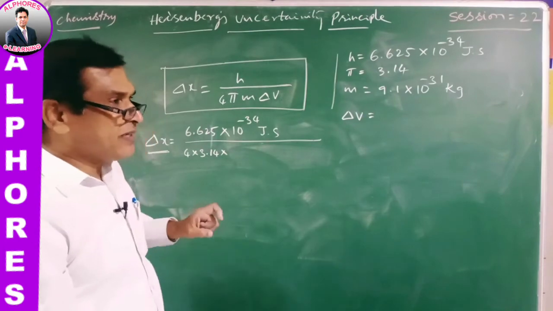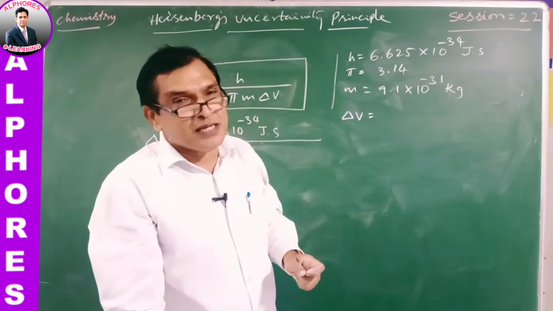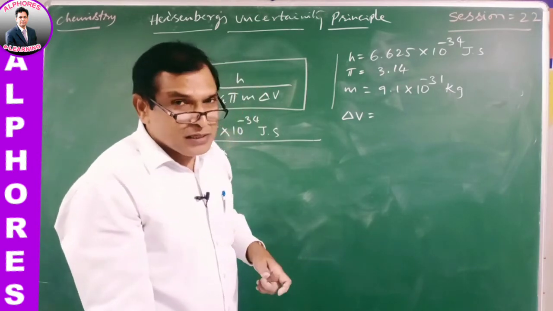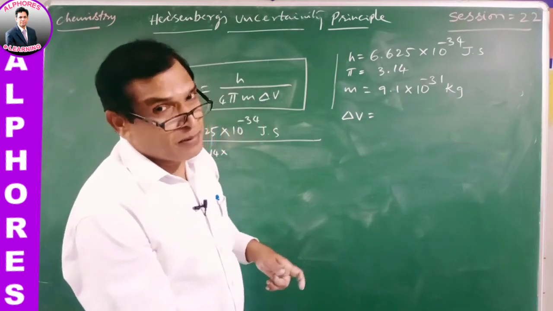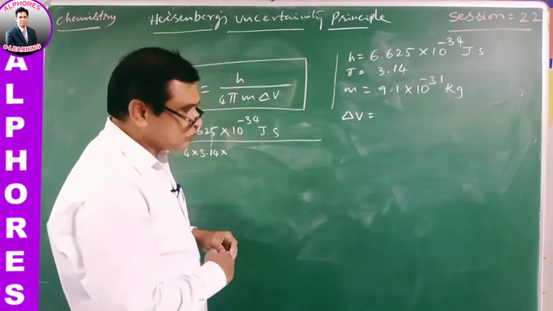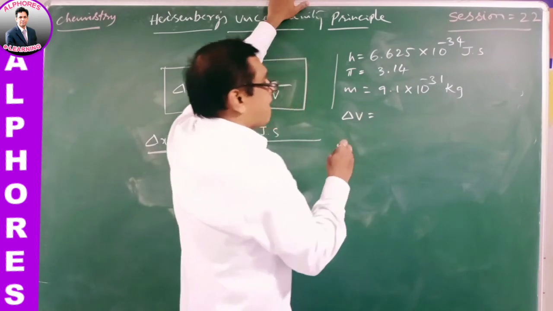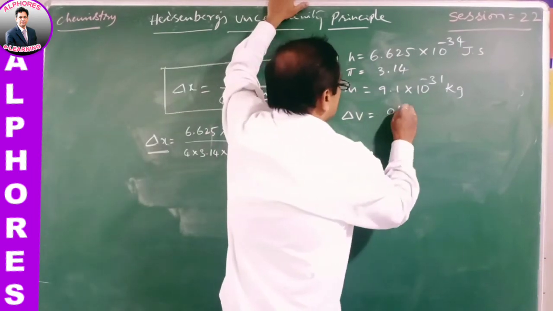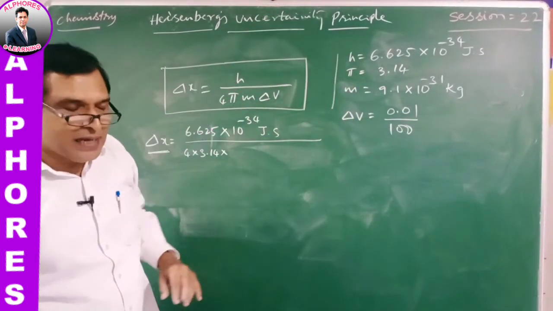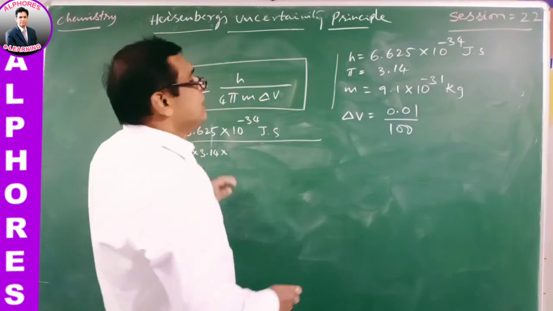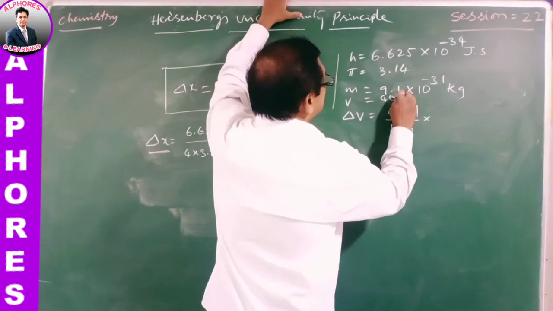How much speed is the electron moving with? The electron is moving with a speed of 40 meters per second, and the accuracy is 99.99%. That means delta V is equal to 0.01 by 100 into 40, since the velocity of the electron V is 40 meters per second.